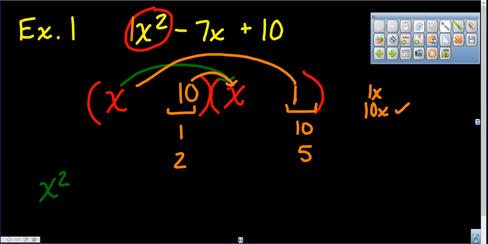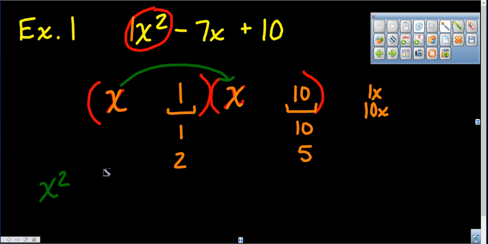So the order wouldn't matter here because this and this are the same. So flipping them around doesn't create new products. And that will occur anytime the a value is 1.